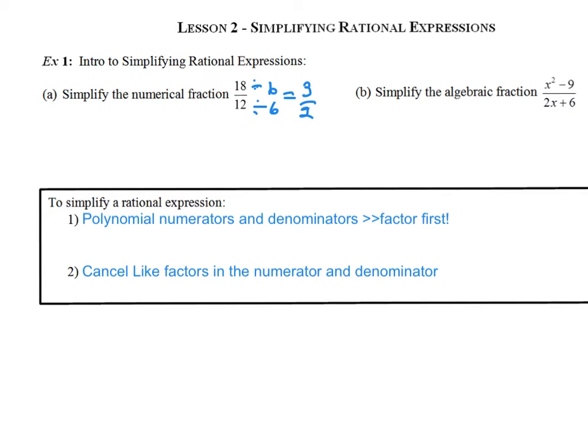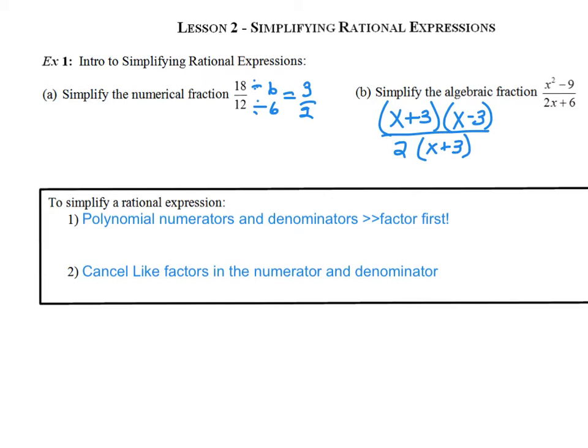Let's apply the same principle in part B when I'm simplifying this algebraic fraction. So in the numerator, x squared minus 9, I can factor that into x plus 3 times x minus 3. My denominator can be factored. 2x plus 6 would be 2 times x plus 3.